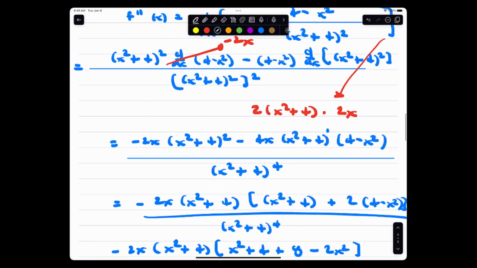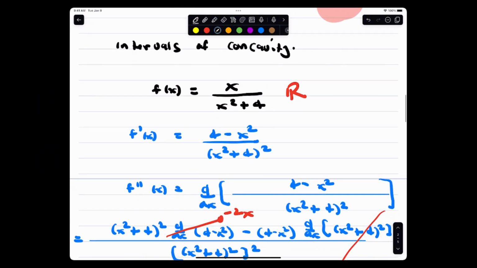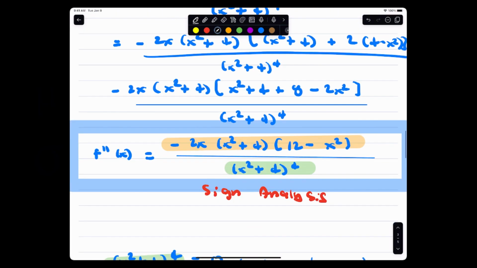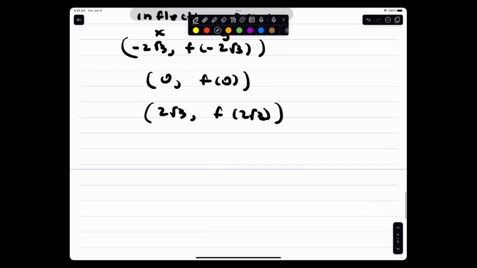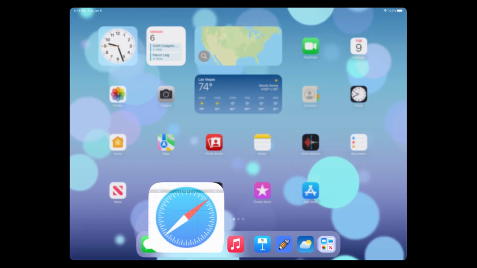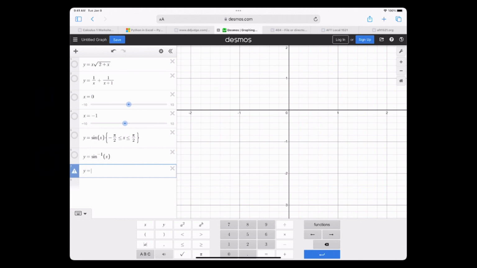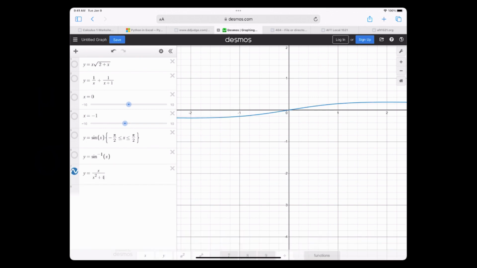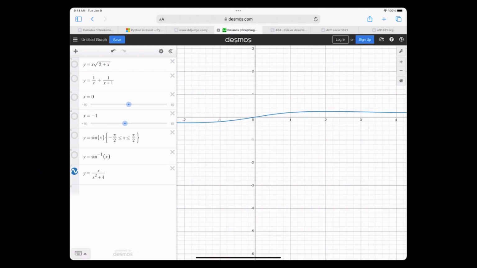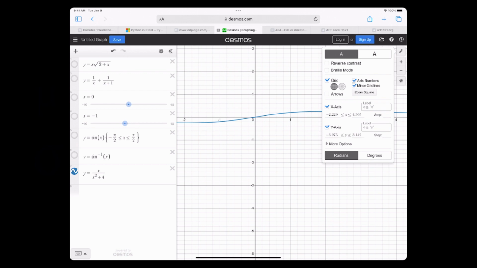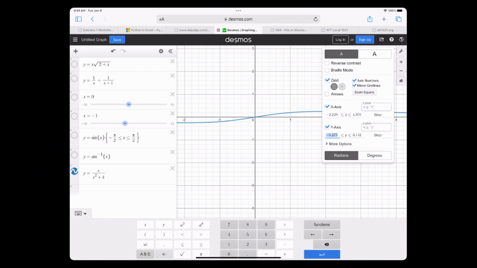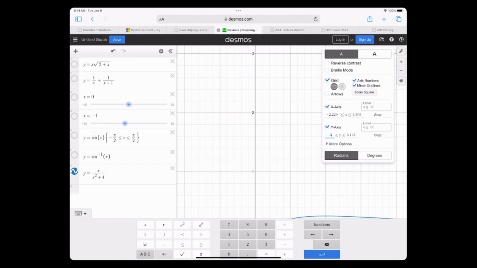Let's go back. What's the original curve here? Do you guys remember? x over x squared plus 4. So let's look at Desmos here. It's not too exciting, but I have to change the, let's do this from negative 0.5 to maybe positive 0.5.